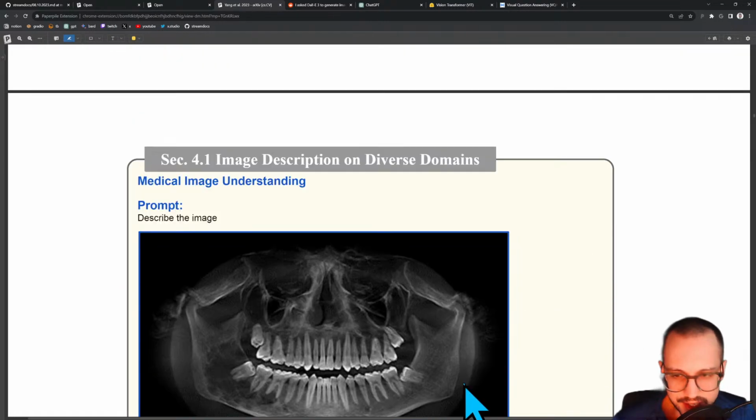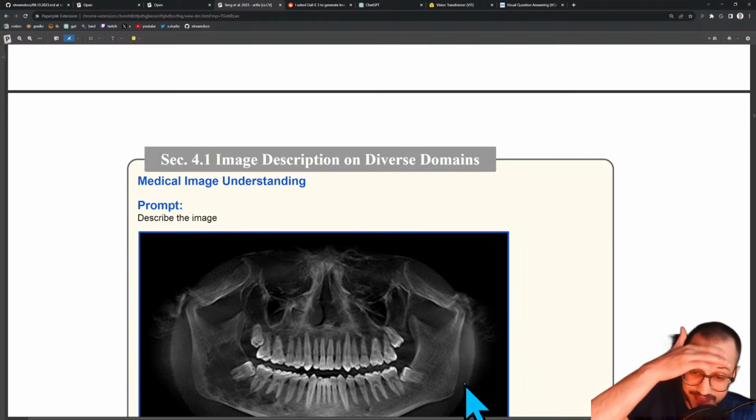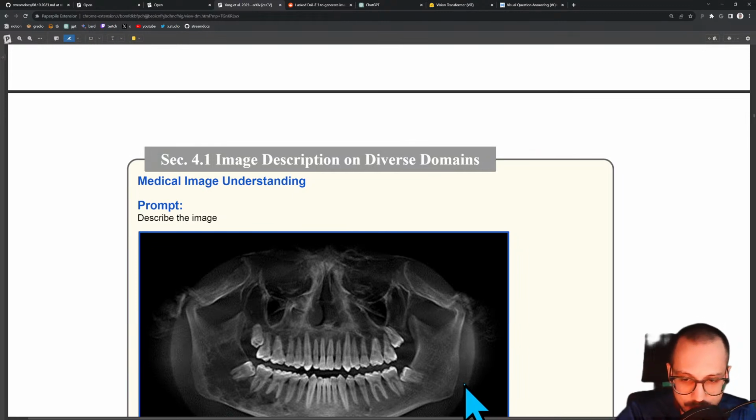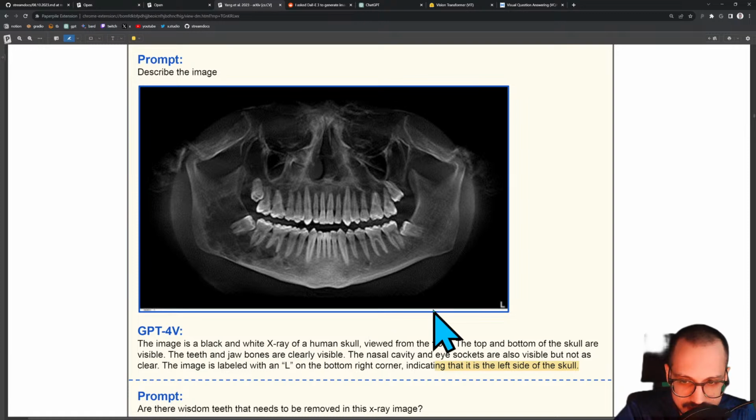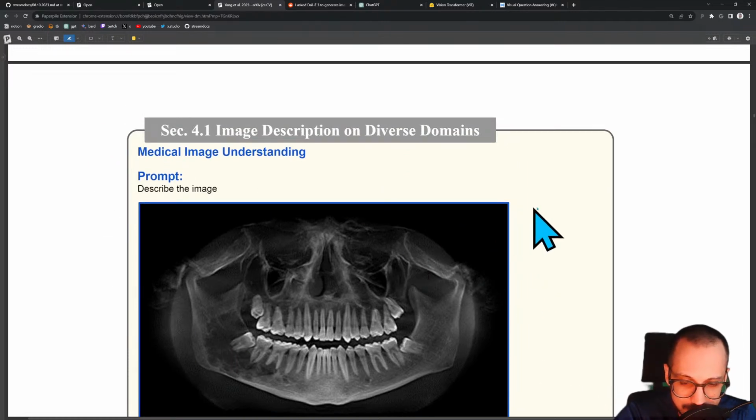So it actually knows that as well. And this is going back to what I was saying before, where this type of analysis of medical images, how many startups are there that are doing this? It seems like every single AI startup is basically just getting eaten by OpenAI. And after it eats every single AI startup, it's just going to eat every single doctor.